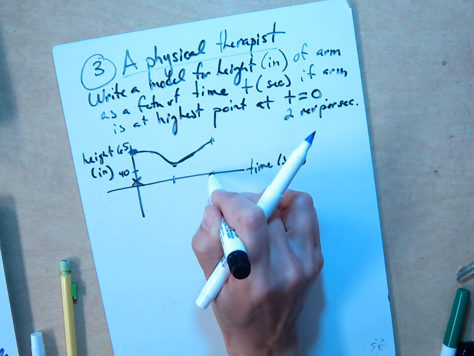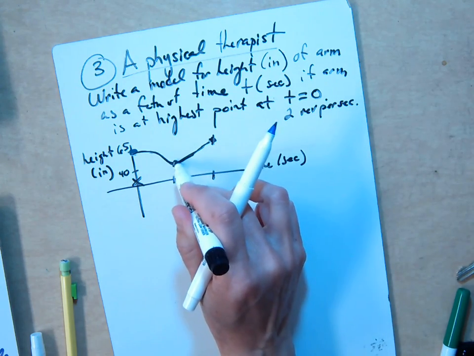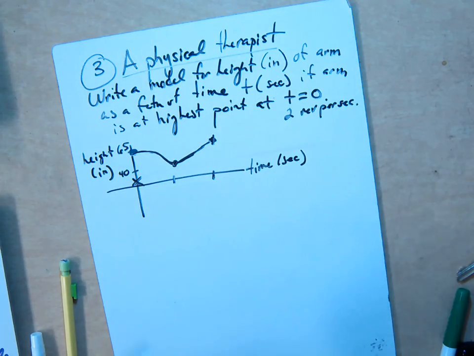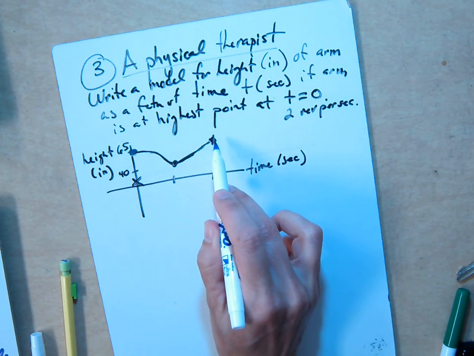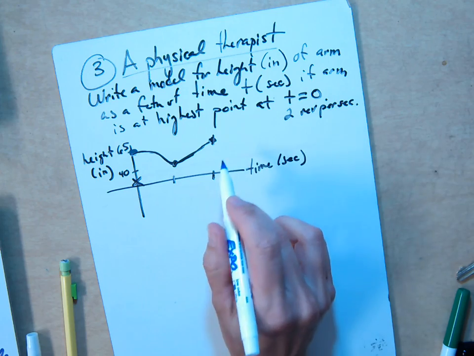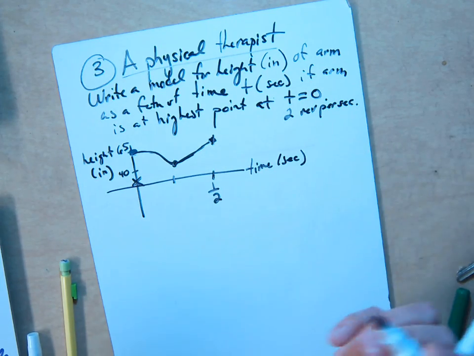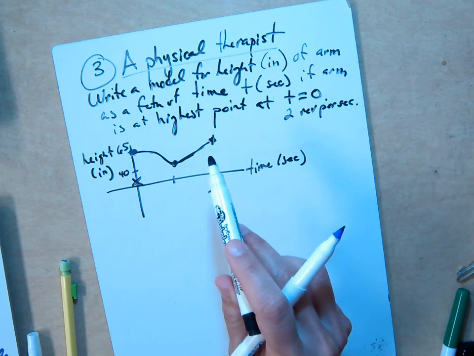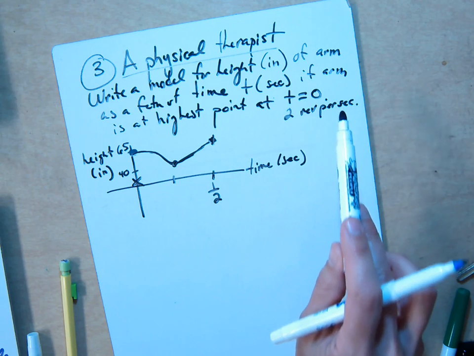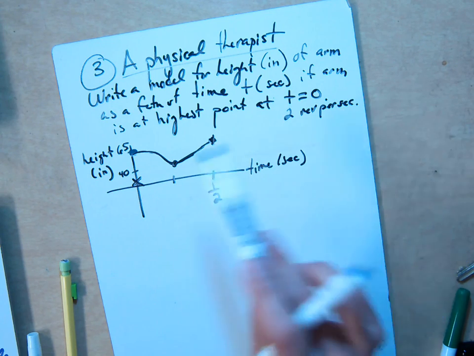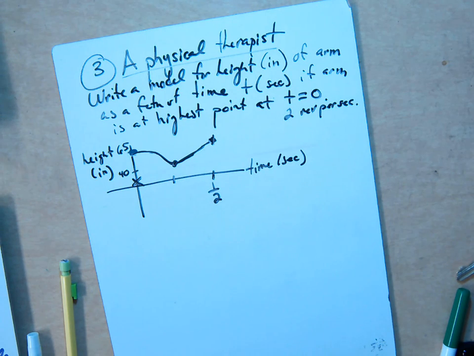Where are these places, if it's 2 revolutions per second? How long does it take to go from high back to high? Good. So you want to label this 1/2. That would be probably the hardest part of the problem. It takes a half a second to make a complete revolution, since you do 2 revolutions per second.